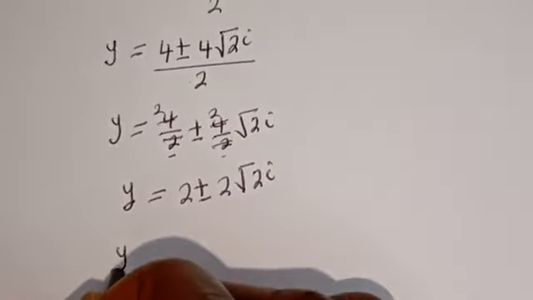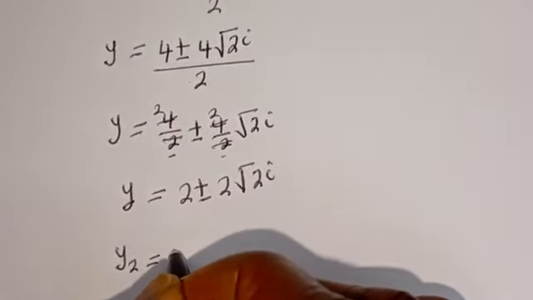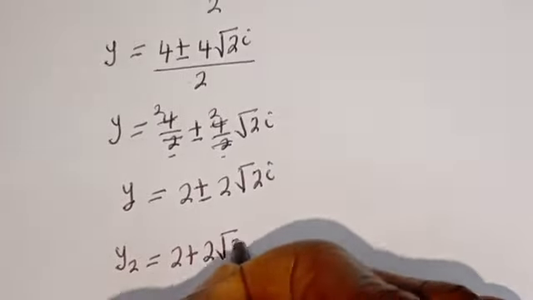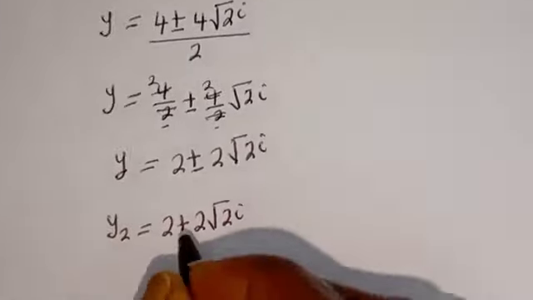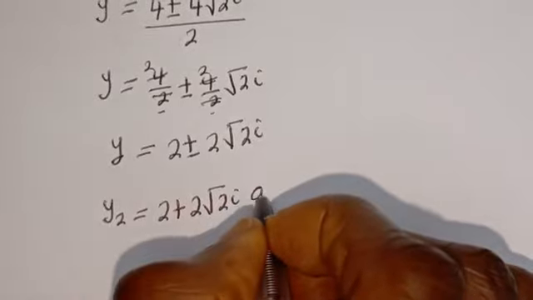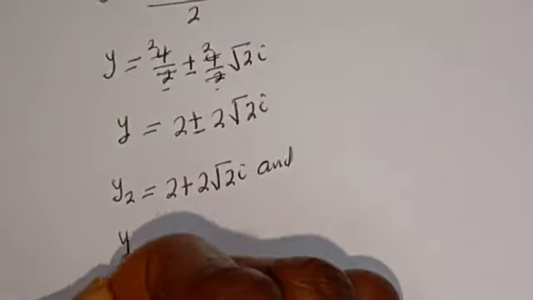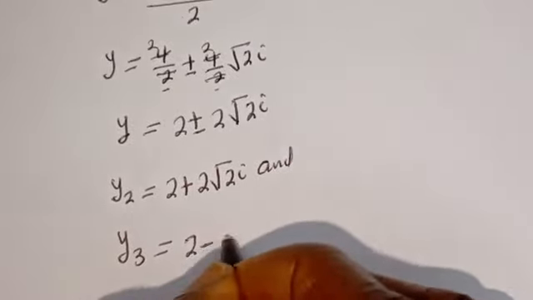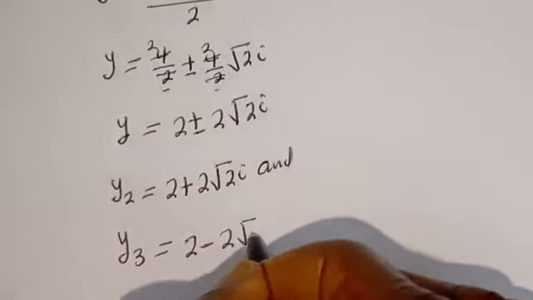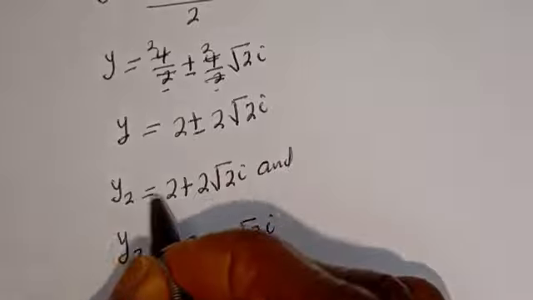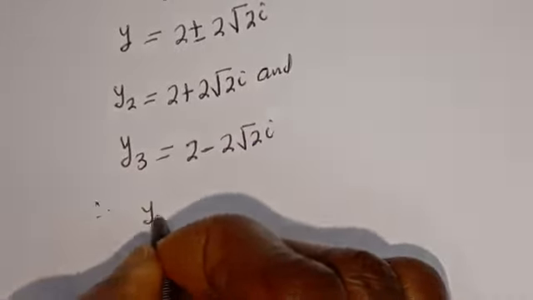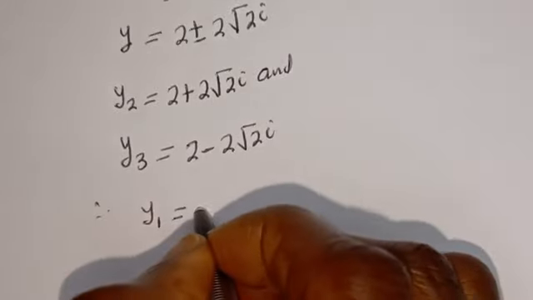Then y2 is equal to 2 plus 2 root 2 i, and y3 is equal to 2 minus 2 root 2 i.